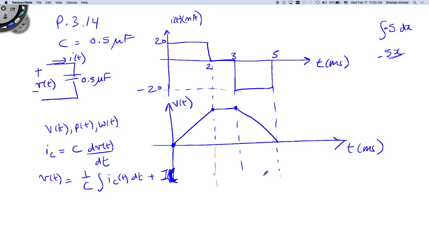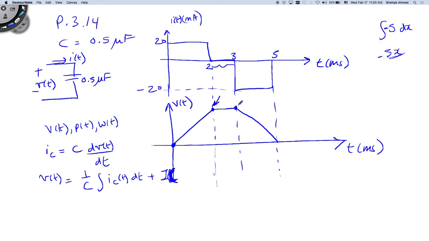No, because again, v of t is equal to the integration of the current plus the initial condition for voltage. The initial condition for voltage now for the second phase is this one.